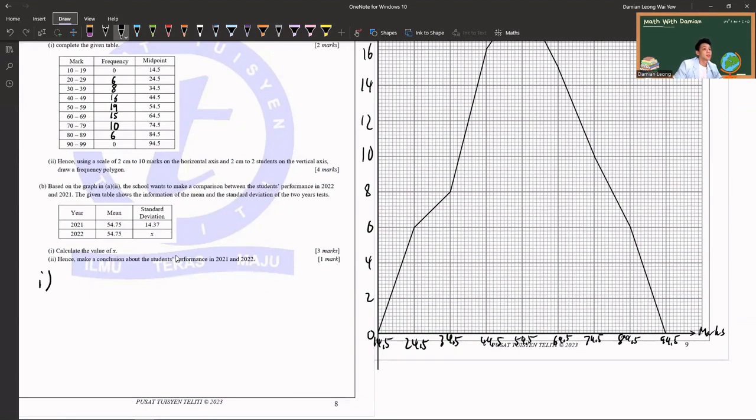So I have to find the sum of fx squared, where x is the midpoint.